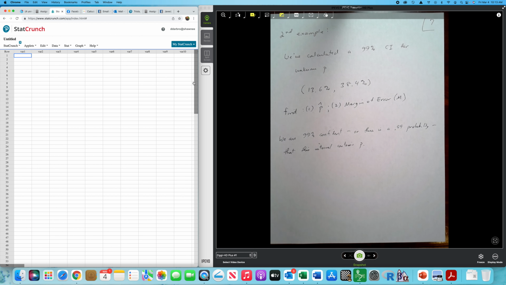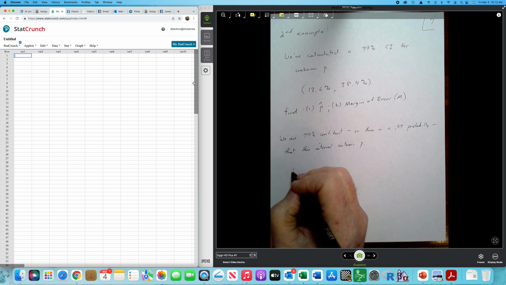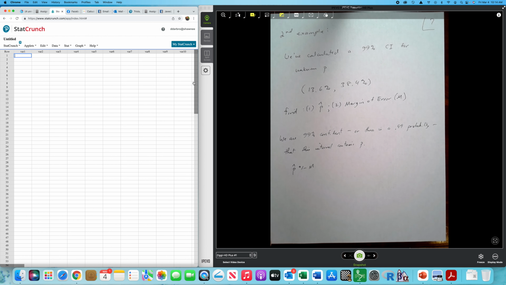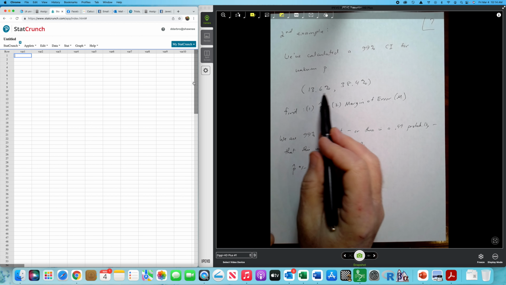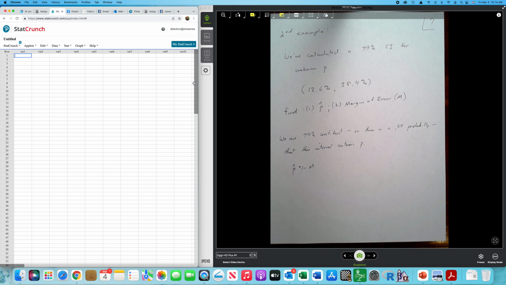All right. Now, find P hat. Now, remember, P hat is what? It's the value smack dab in the center, because we add the same number to it and we subtract the same number from it to get these two endpoints. So whatever's smack dab in the center is going to be our P hat. So that's going to be really easy.